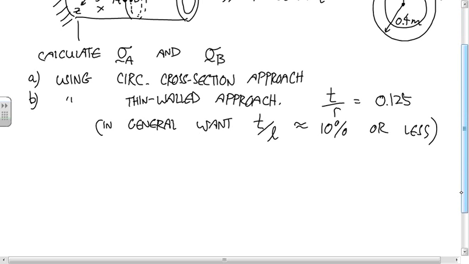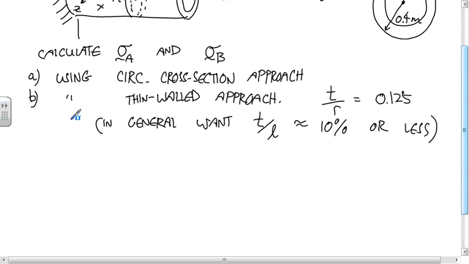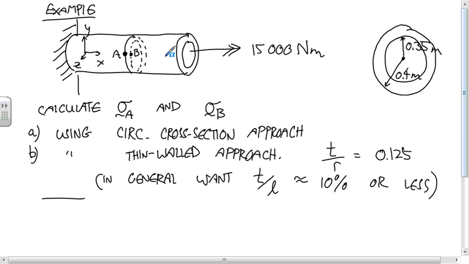Okay, so for the circular approach, well, the first thing we have to do is we have to know what torsion is at this point along the length. So what's it going to be? What's the internal torsion at those 2 points? Yeah. So there are no other torsions anywhere along it. And we're ignoring weight, by the way.